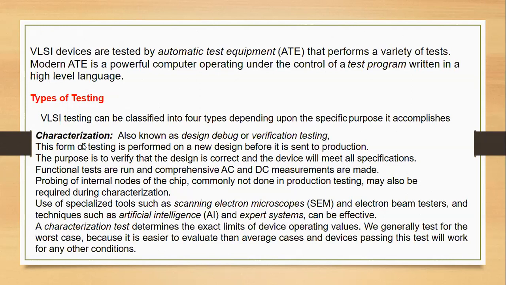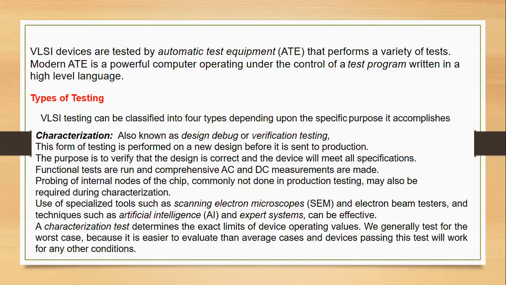This is a form of testing performed on a new design before it is sent for production. Before you send it for the output end, in characterization we define what type of faulty errors occurred and what type of error test is required.